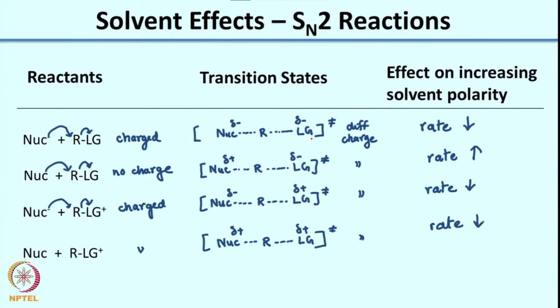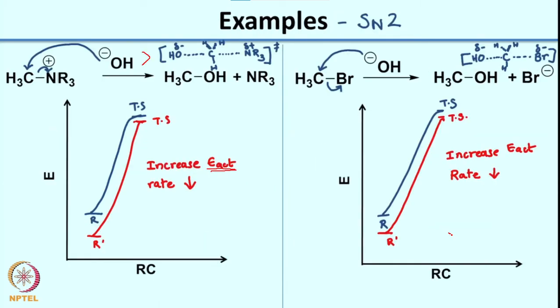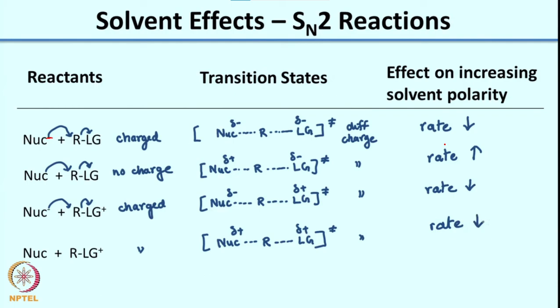The intermediate is showing a dispersed charge. The nucleophile is negatively charged and the reactant is neutral. We have discussed this case already. So this is the case where the rate will decrease.